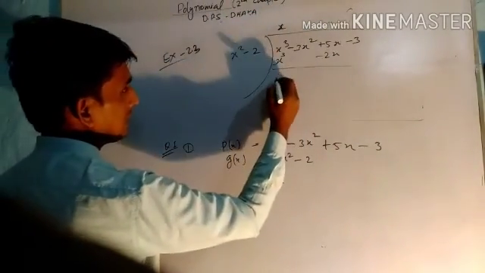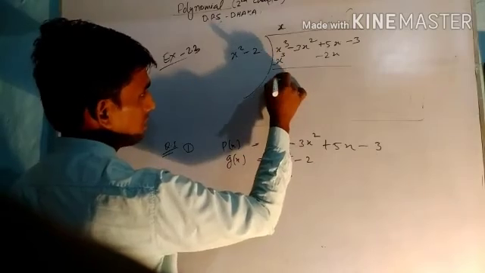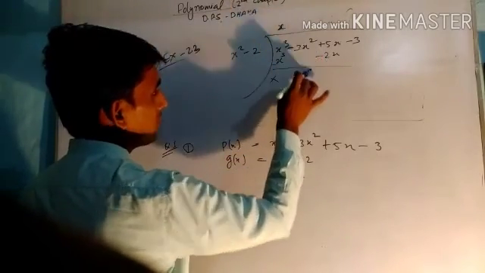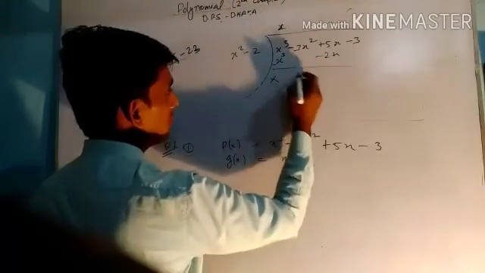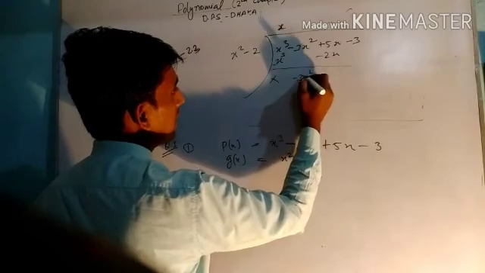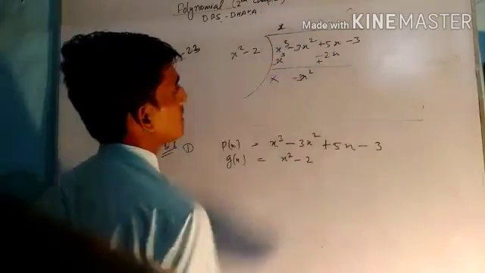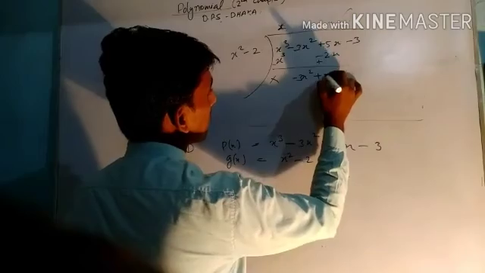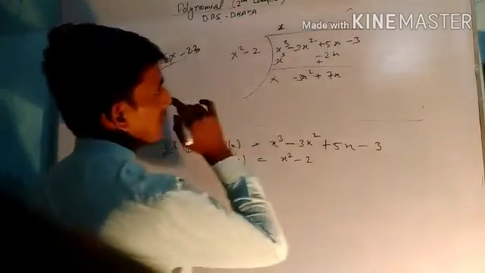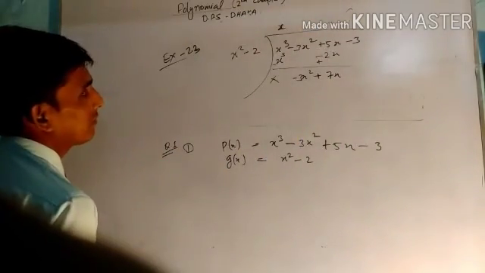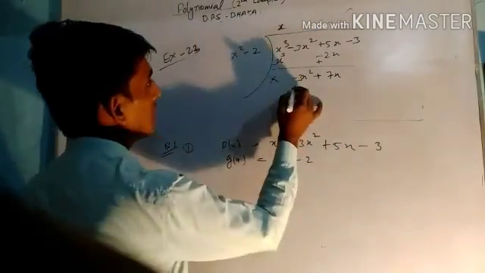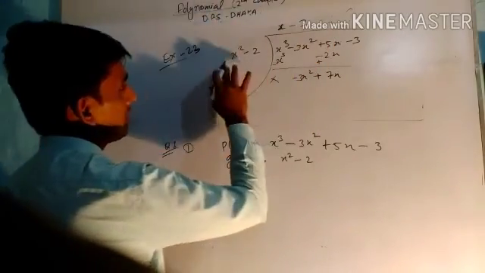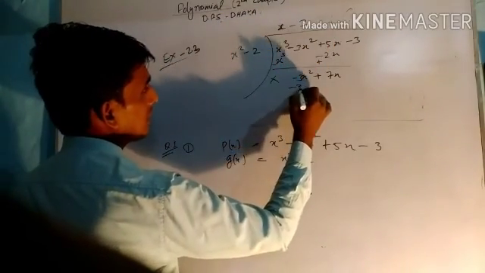So x cube minus x cube is equal to 0. It will cancel out, and this will come down, that is minus 3x square, and here also the sign will change. It will become 7x, because 5x plus 2x becomes 7x. Now multiply with minus 3. If you multiply with minus 3, you will get minus 3x.